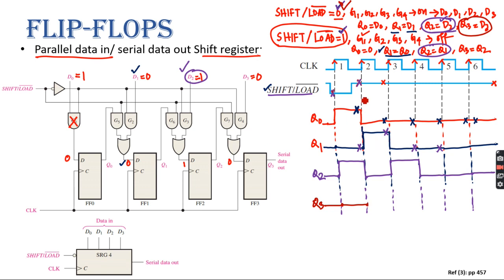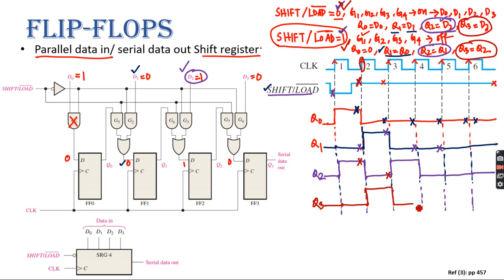Now, when it gets the next positive edge, what is the value of this signal? 1. Yes, sir. Whenever it is 1, what should be my Q3? It will always follow Q2, right? So before this pulse, what is the value of Q2? 1. So it will shift to 1 and remain 1. What is the value of Q2 here? 0.